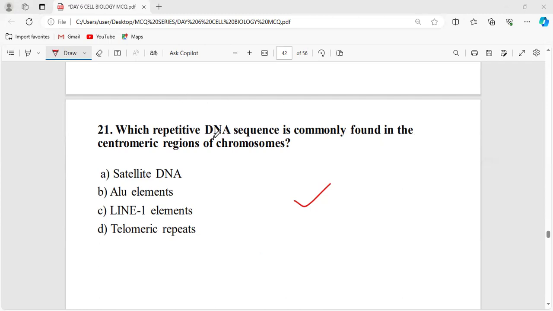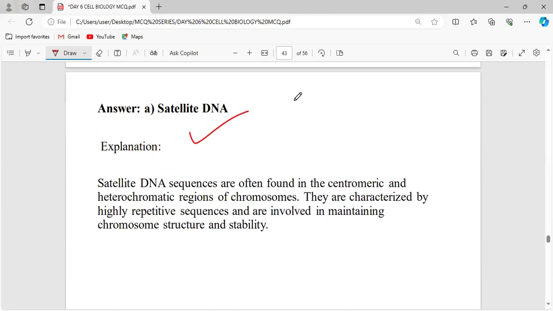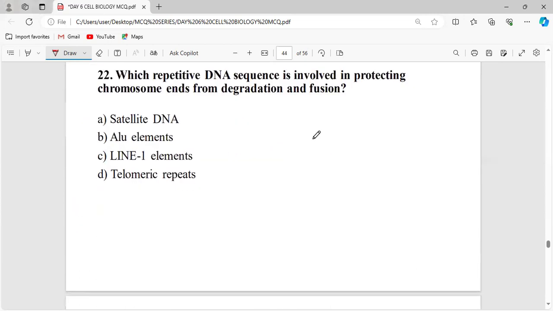Which repetitive sequence will be seen in the centromeric region? That will be the satellite DNA. It is the one found in the centromeric, particularly the heterochromatic regions of the chromosomes. It is also involved in chromosome structure and stability.